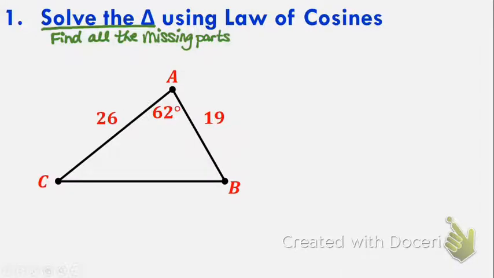Do I know side A? No. Do I know sides B and C? Cool. So I have side B, I have side C. What angles do I have? I have the angle for A, so I have alpha.